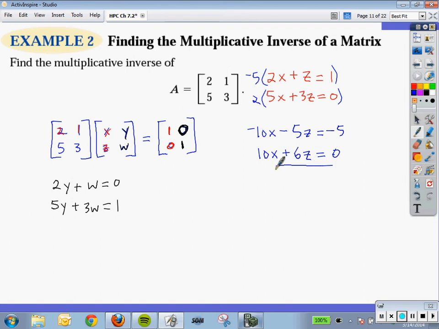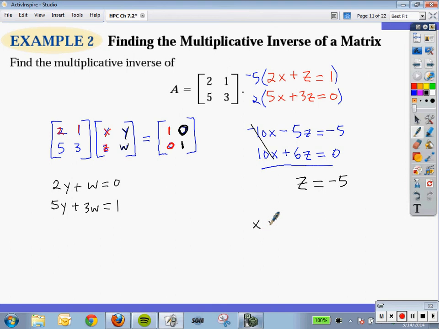And if I add straight down, 10 minus 10 crosses out. Minus 5 plus 6 is 1z there. And then we have a -5. So z equals -5. So substitute -5 into z.